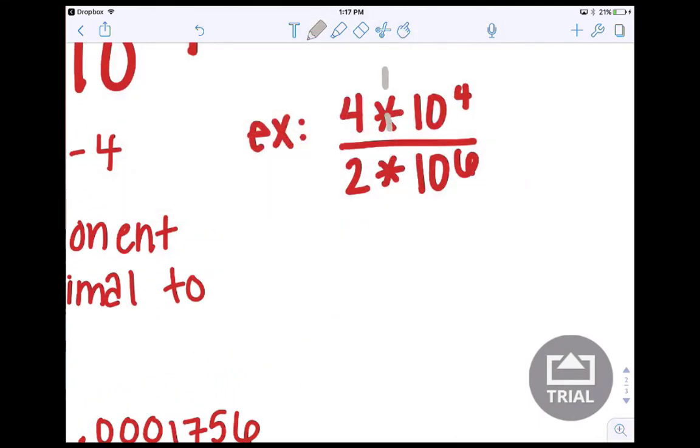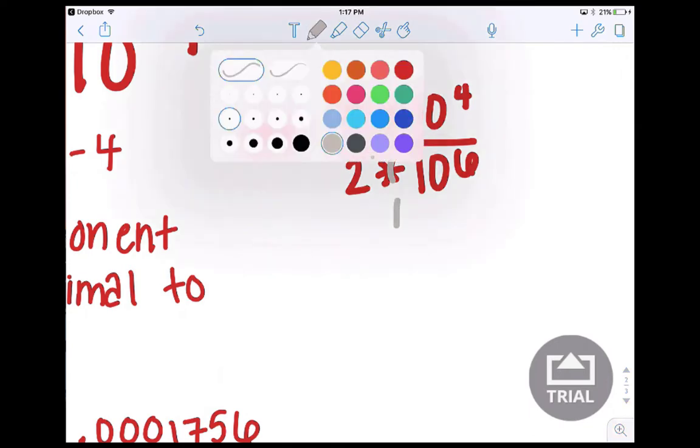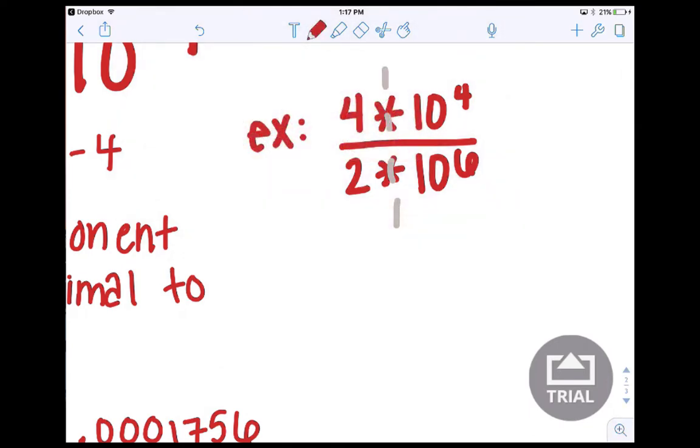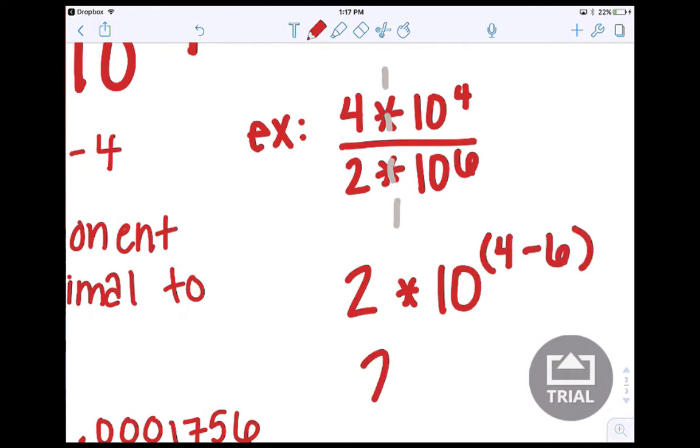So I break it in half, and I'm going to look at the numbers first. Well, 4 divided by 2 is 2. And then remember, when I divide things with the same base, I'm actually subtracting the exponents. So it's going to be 10 to the 4 minus 6. 2 times 10 to the negative 2.